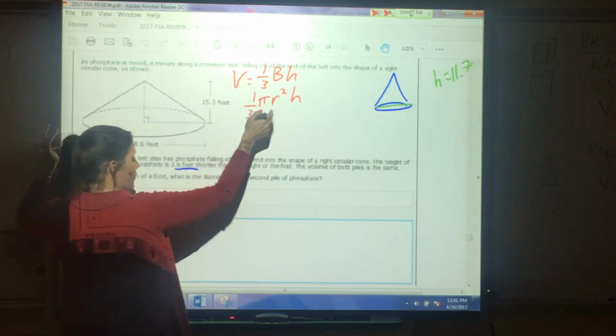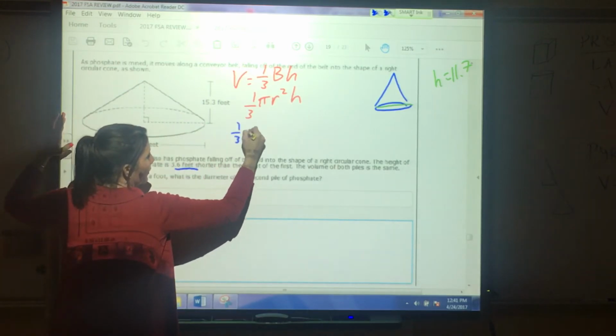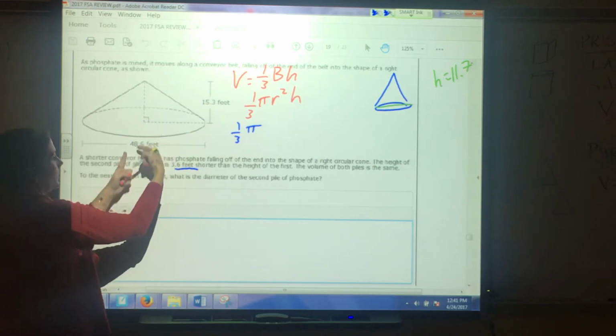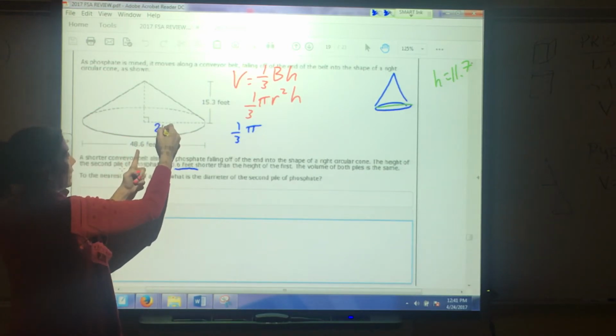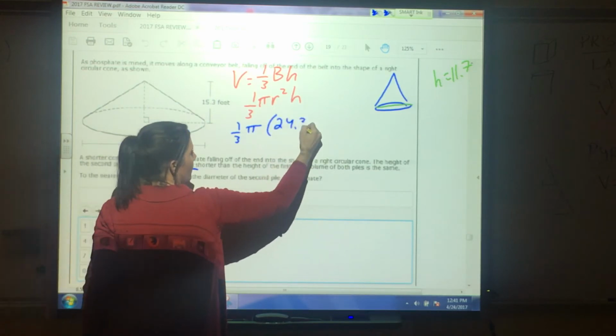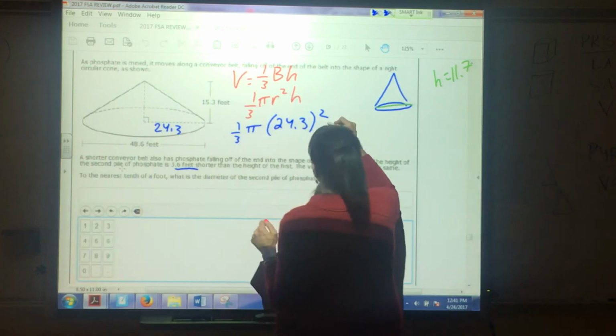All we're going to do now is plug in the numbers that we need from here. So it's going to be 1/3 pi. Our radius is going to be half of the diameter. This is 48.6, so the radius is 24.3. So it'll be 24.3 squared times the height, which is 15.3.